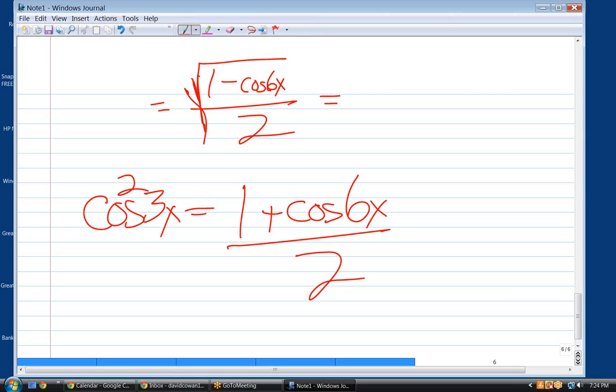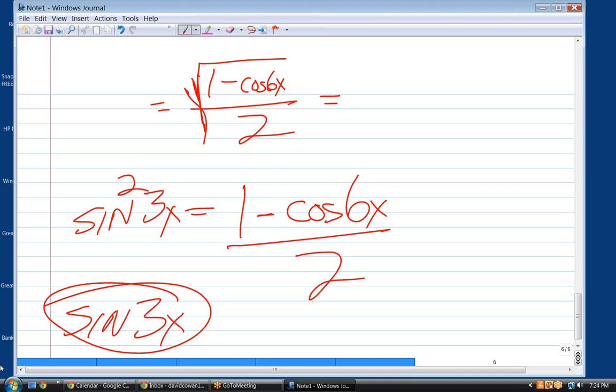Since we have a minus sign, we're talking sine instead of cosine. Sorry, it was a minus sign, wasn't it? Yeah. So if I take the square root of both sides, I have the sine of 3x on the left. That's what it reduces to.